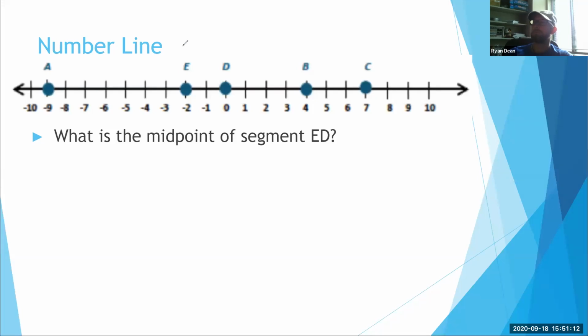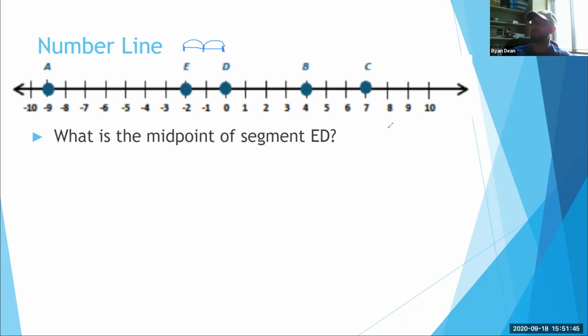it's simply just this piece going from here to here. And then we have one point in between. Now with segment ED, one cool thing that we can do is split this in half, right? So we know that there's a total of 2 spaces in between E and D. Here's 1, here's 2.